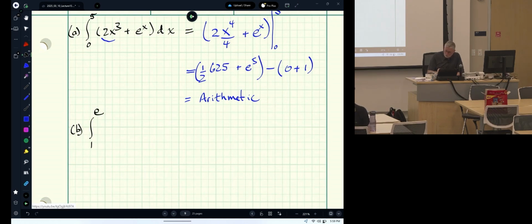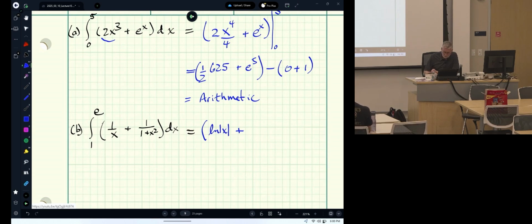Integral from 1 to e, 1 over x plus 1 over 1 plus x squared dx. How do we do it? We need to find antiderivatives. Antiderivative of 1 over x, log of absolute value of x.